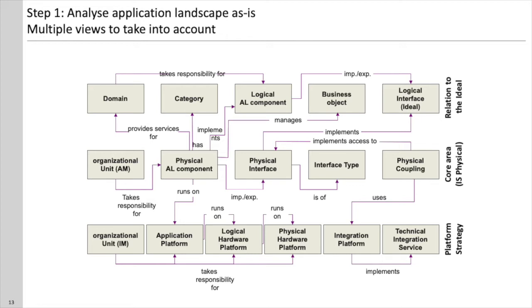What are we interested in here? The main thing, of course, is the physical AL component that we have to analyze, we have to understand. So we will come up with a list of physical AL components. And these AL components are organizationally linked to a business unit, usually. So an organizational unit that takes responsibility for the physical AL component.